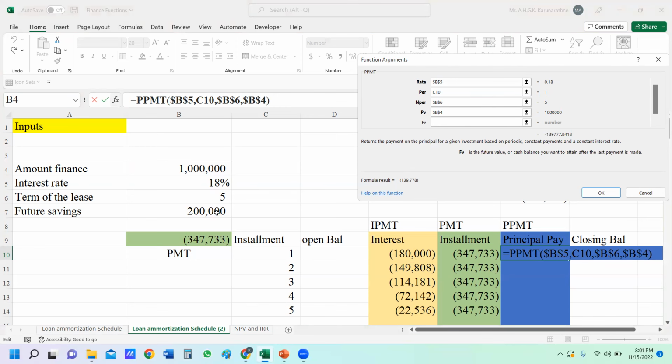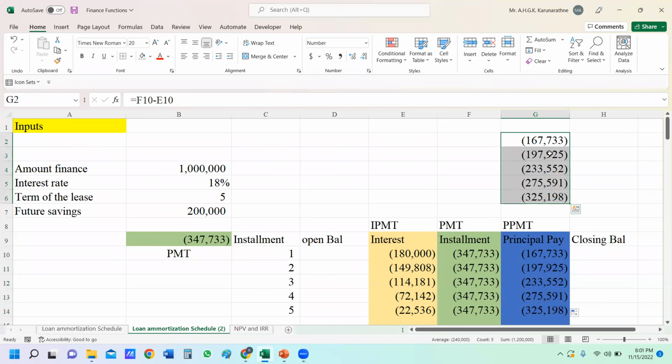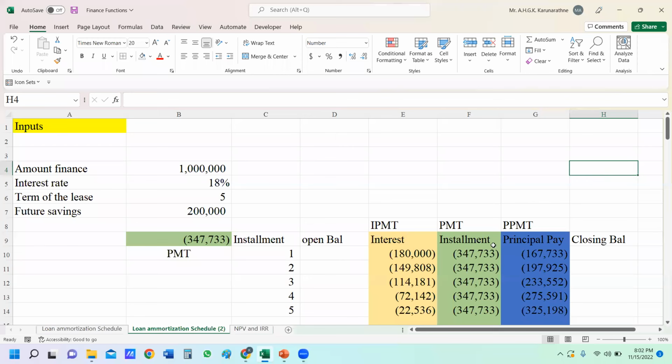And future value, you can leave it like this and make it absolute. Say okay, and you can copy it to the rest of the part. So you can see we have the same values, right? එතකොට in case you get stuck with the PPMT formula, you just get the difference and put it. But if you are asked to use the PPMT function, you must apply it. Anyway, you might earn some marks if you take the principal payment somehow.